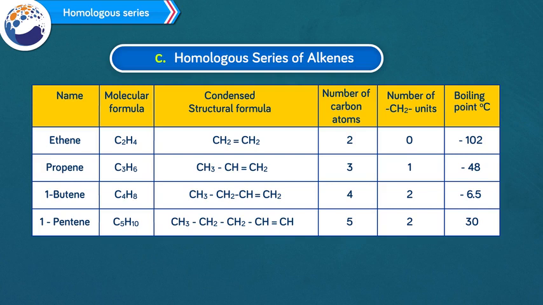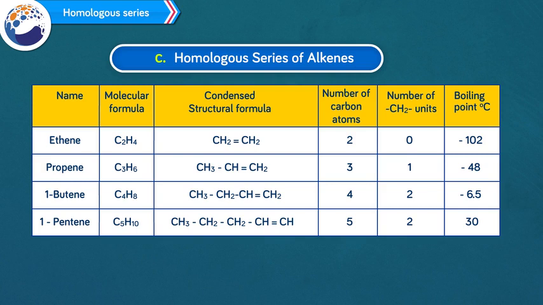1-butene, molecular formula C4H8, structural formula CH3CH2CH=CH2. Number of carbon atoms 4, number of CH2 units 2.